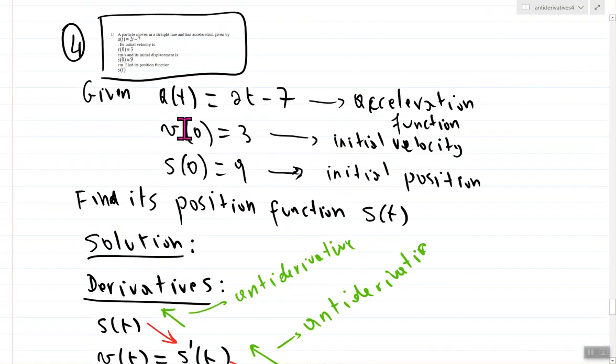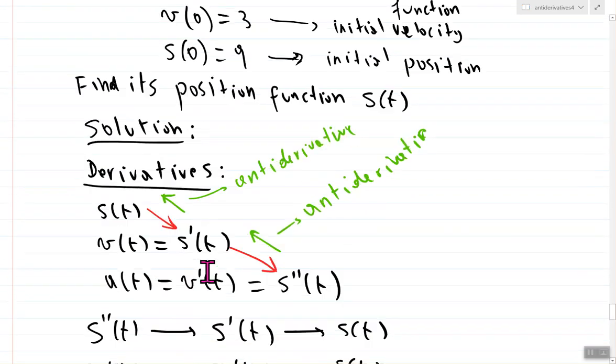For this problem, they give us the acceleration function, which is 2t minus 7. They said that v, the velocity at time t equals 0, is 3. And we call this the initial velocity. And then they give us the initial position, s of 0 is 9. Okay, so they want us to find the position function s of t.